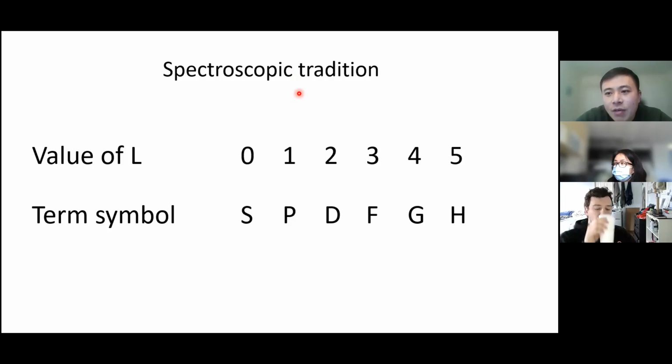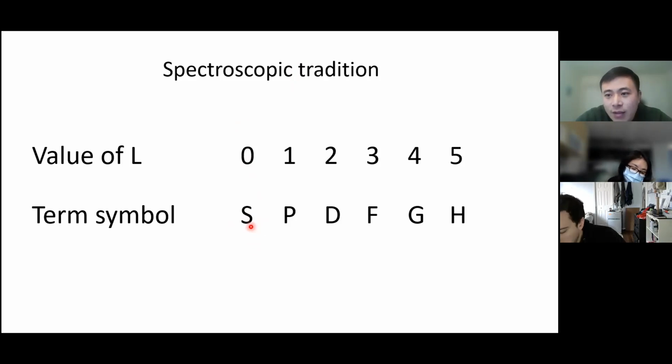And they had even no knowledge about Niels Bohr's model of the atom. But what they observe are some of the features of the peaks. So if I remember correctly, I think S stands for sharp. So for S related peaks, they typically observe very sharp peaks. So that's the origin of S.